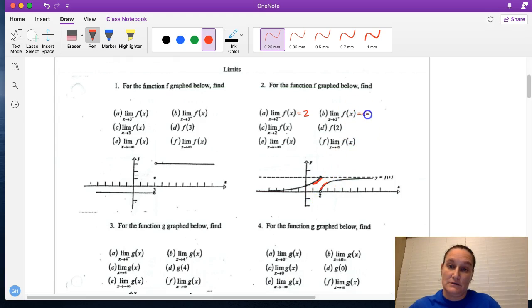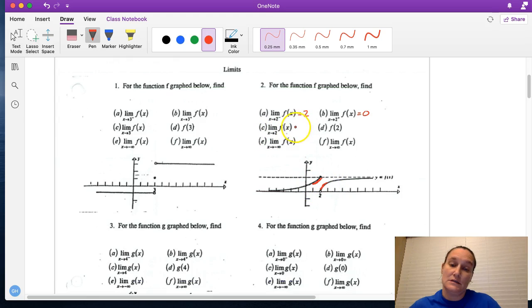So this is 0. So again, the answers to these are y values. Our x values, we're looking at getting closer and closer to 2 because that's the number right here. But our answer is a y value at that point. Okay, so on the left, it's 2. On the right, it's 0.